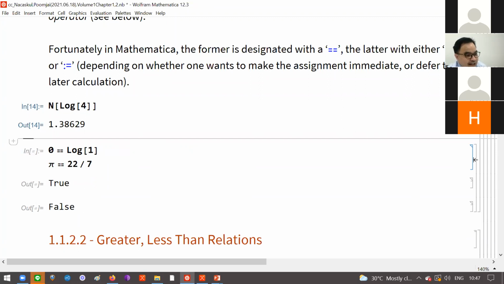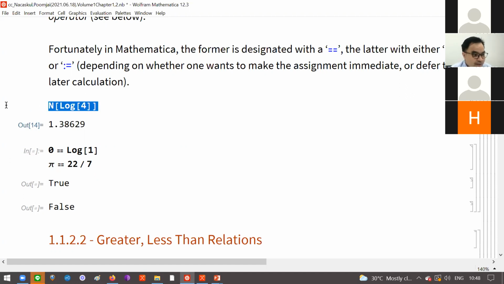Now, let me give you one convention that you will be able to use right away. Some of you may have forgotten what the log function is, but let's say you know what it is, right? You can do this 2 ways, 3 ways.